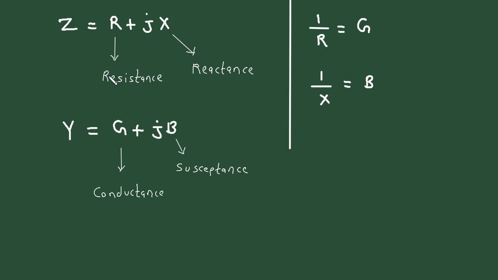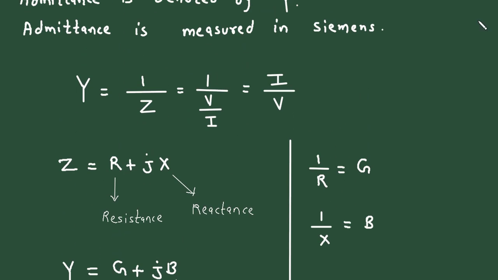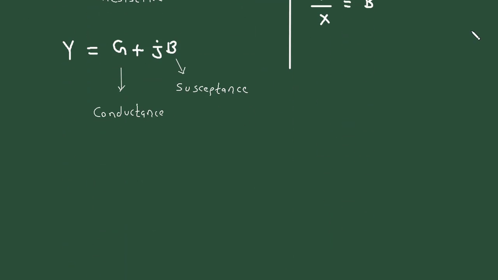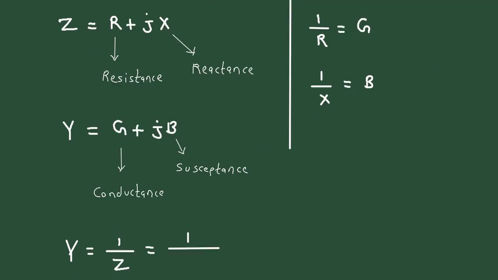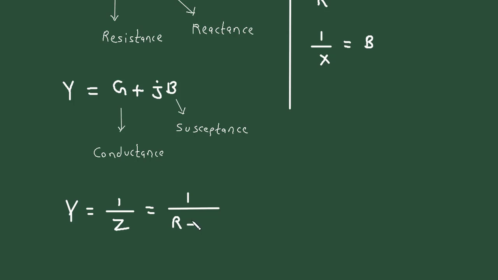Now if we substitute R plus jX in place of Z, Y is equal to 1 upon Z, and the value of Z is R plus jX.